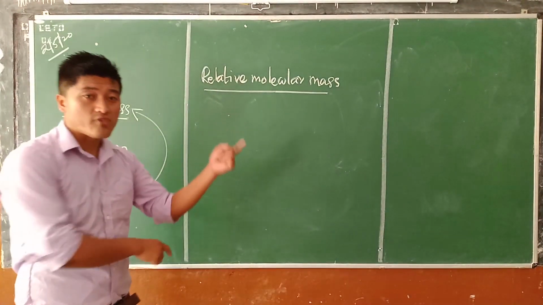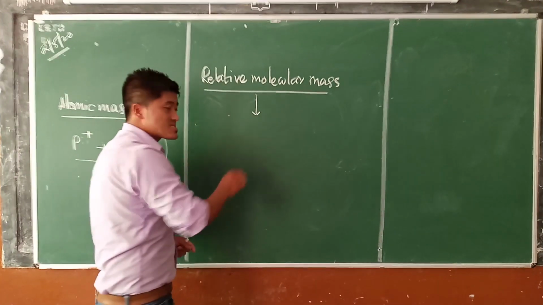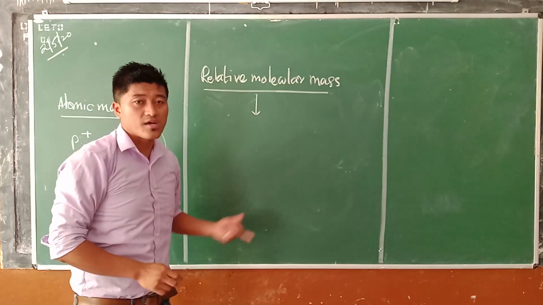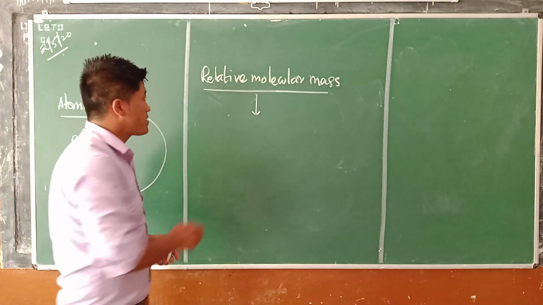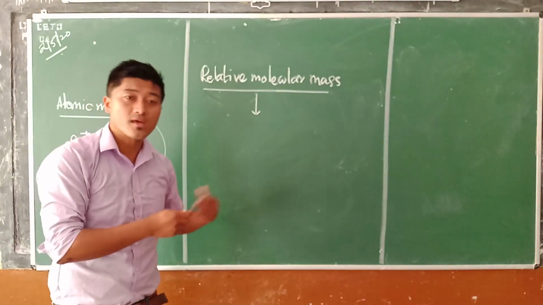And another one I will write in the next one. Now, regarding the relative molecular mass, it is the same thing which I have written just now, that is the molecular mass itself.